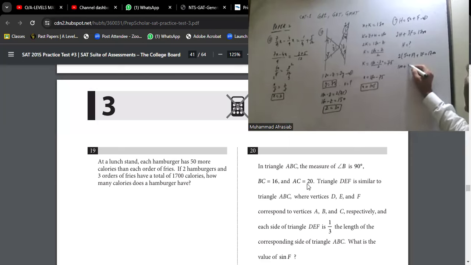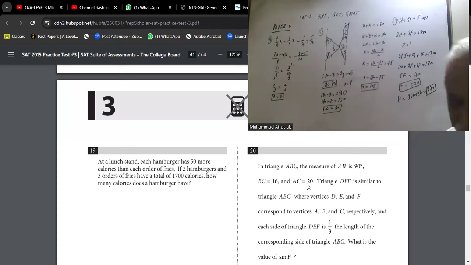So it is 100 plus 2F plus 3F is equal to 1700. 5F is equal to 1600, or F is equal to 320. But they are asking for the hamburgers there. So it is 320 plus 50. That answer is 370 calories there.